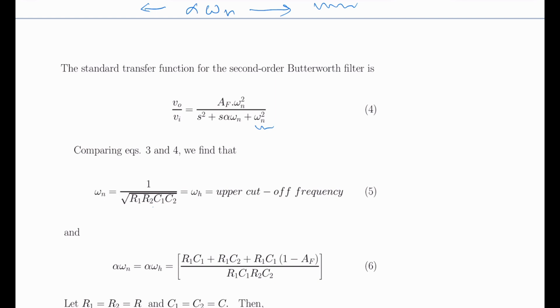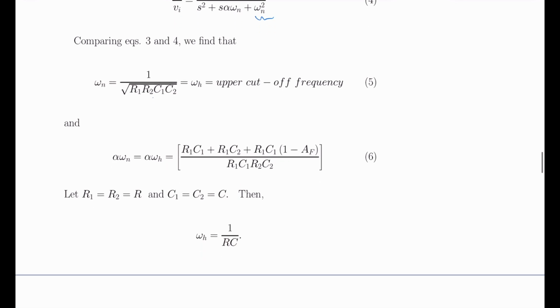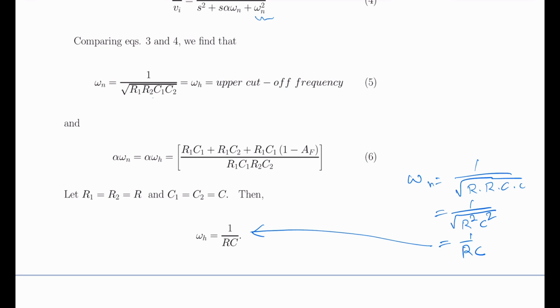Now let us take R1 equal to R2 equal to R and C1 equal to C2 equal to C. Then we have omega n is 1 upon root over R into C into C, so this is 1 upon root over R square C square, so this is 1 upon RC, and this is what we have written here.